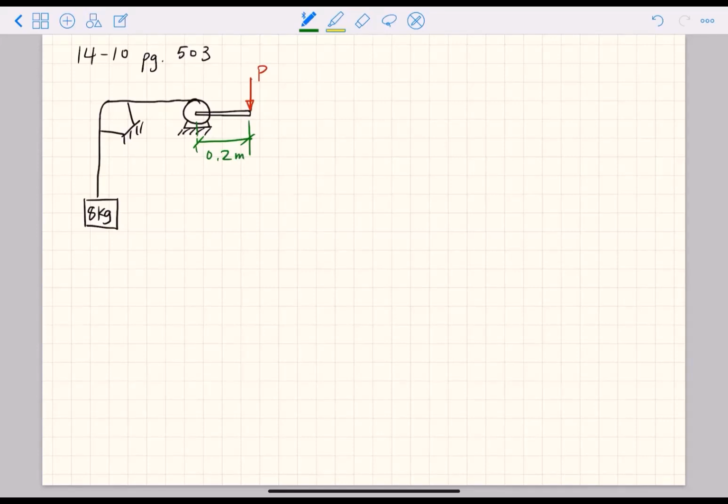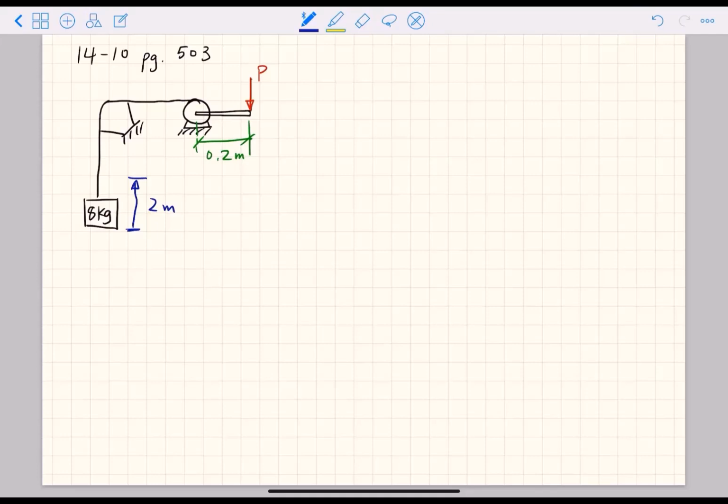Okay, so it says the winch shown here lifts an 8 kilogram mass a height of 2 meters. So we can include that. It goes from this point up 2 meters. Due to cable friction, the tension in the cable at the winch is 120 newtons.